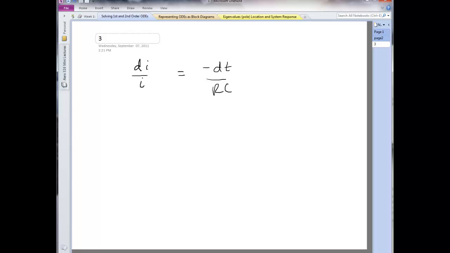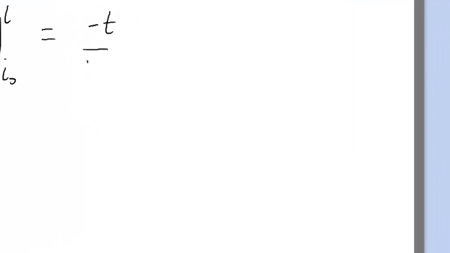So I just multiplied through by dt over R, and then multiplied through by 1 over I. And then I can go ahead and integrate both sides from t naught equals 0 to t, say, and from I naught to I. And this is a pretty simple integral to do. You know, the integral of 1 over I is just the natural log of I evaluated from I naught to I, and that's got to be equal to minus t over RC evaluated from 0 to t.